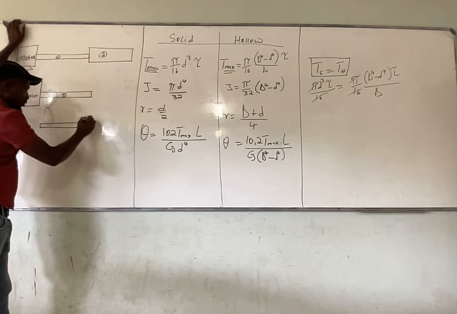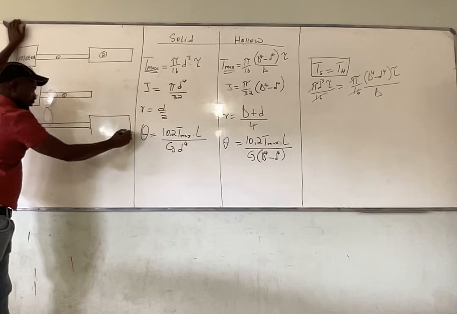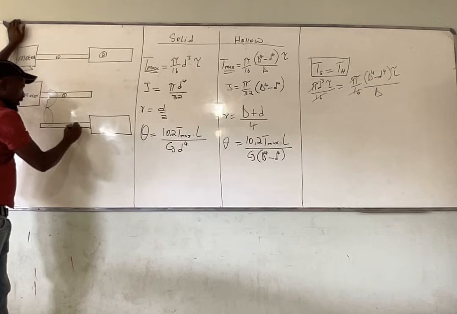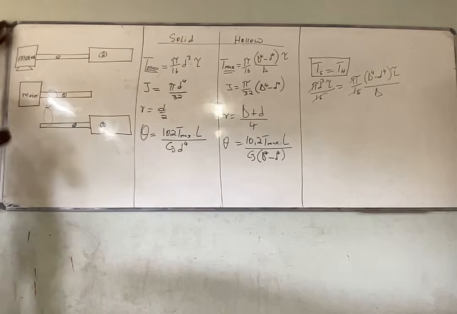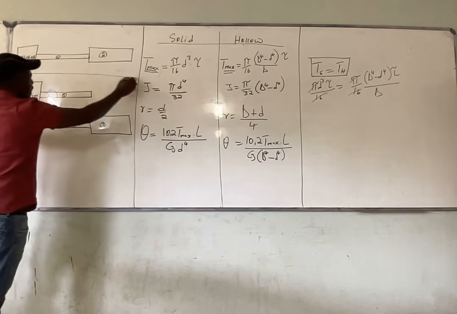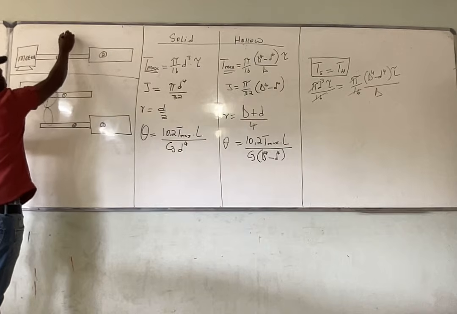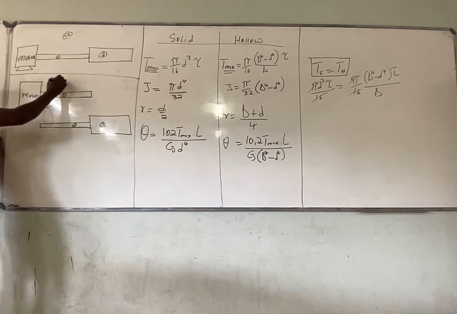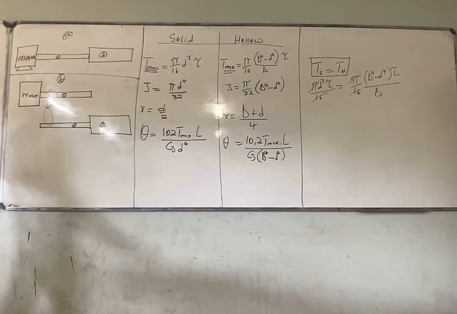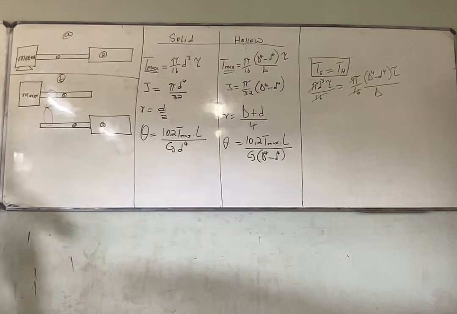So this is gear, shaft 2, this is shaft 3. Let us first look at the first connection, A. The connection A, this is connection B. The motor is there to provide power, right? To provide us with torque.